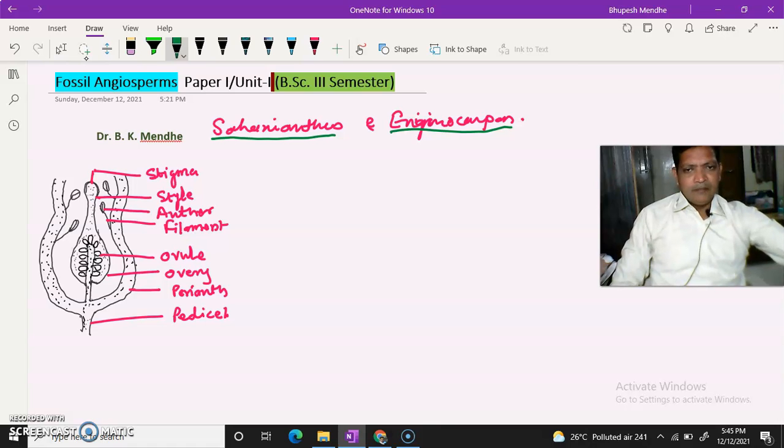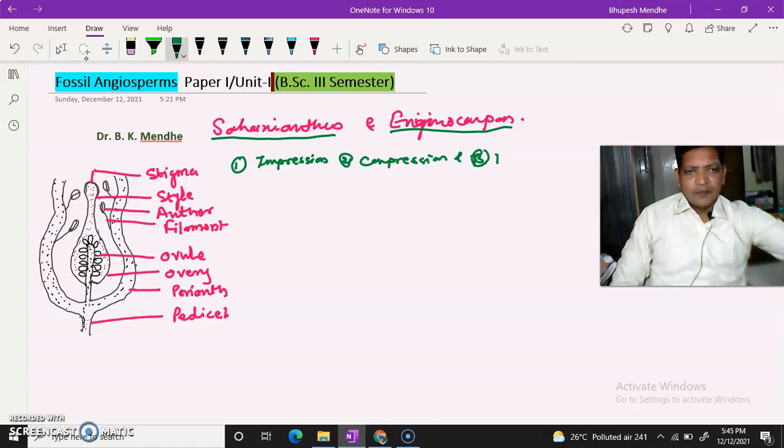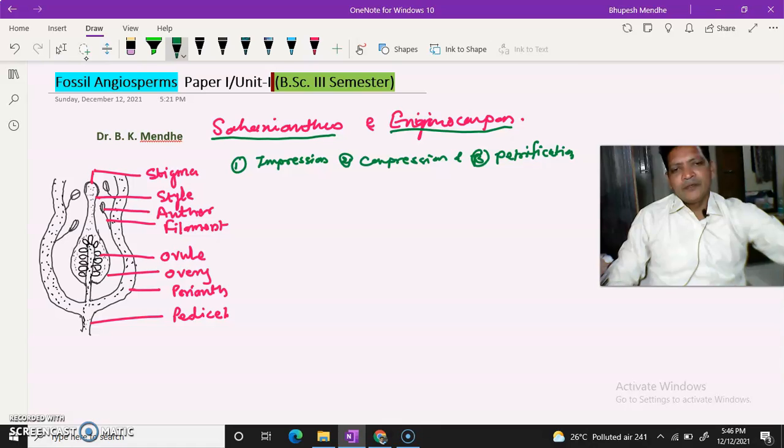As I already told you, there are three types of fossils you learned in the last semester: impression, compression, and petrification. The third type of fossil is petrified, or petrification.